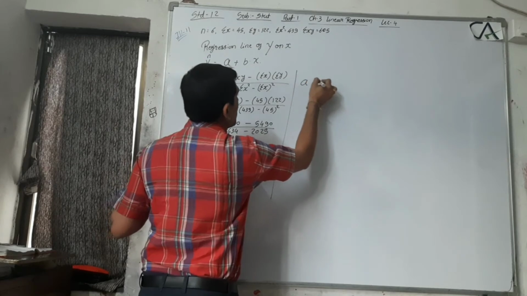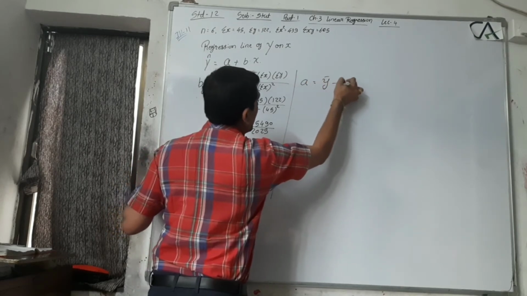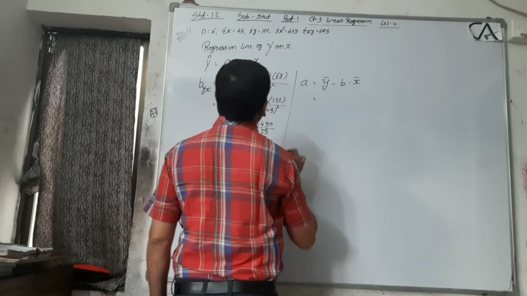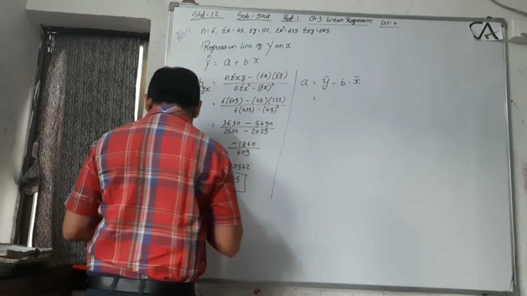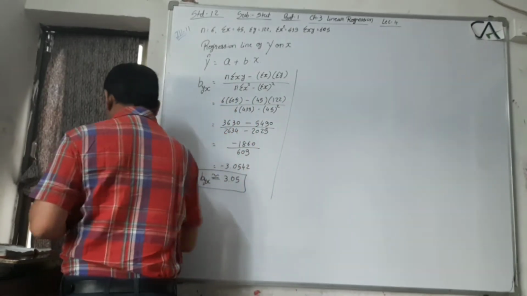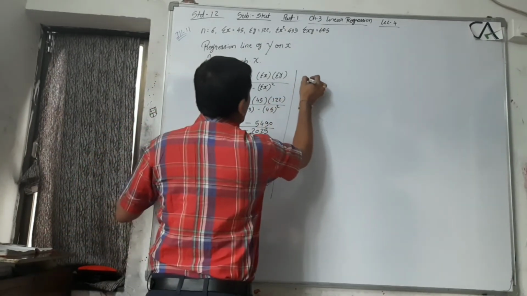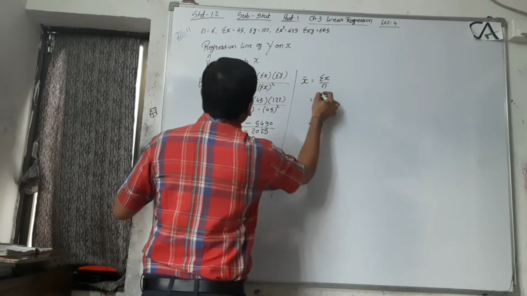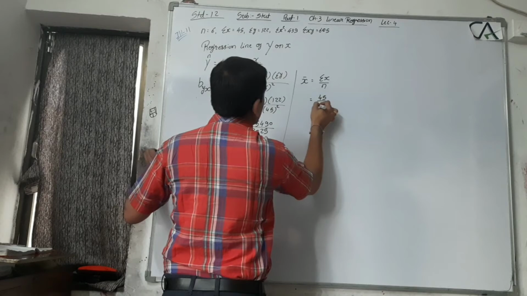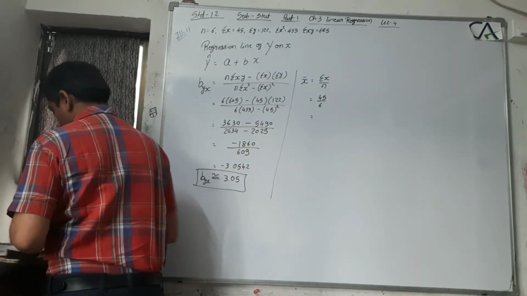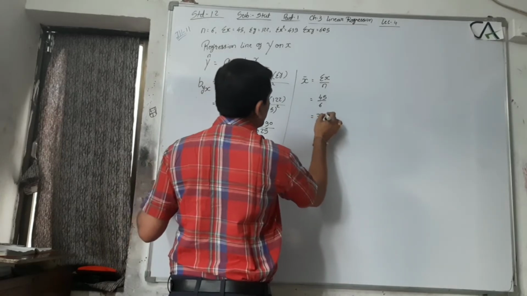Now, second question, a is equal to y bar minus b into x bar. What is your y bar? First of all, you have to find out y bar and x bar. Here y bar and x bar are not given, so x bar is equal to sigma x upon n, that is 45 upon 6, 7.5.